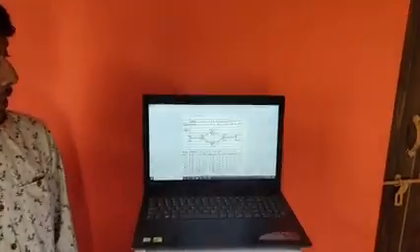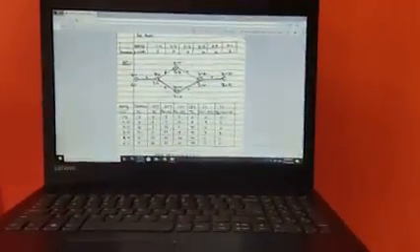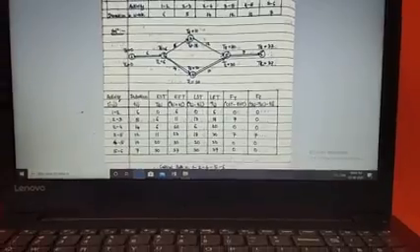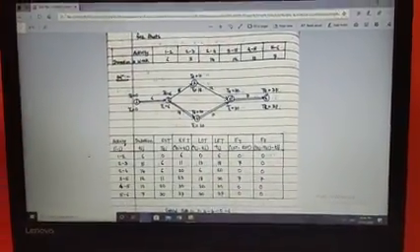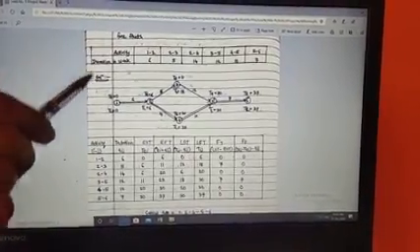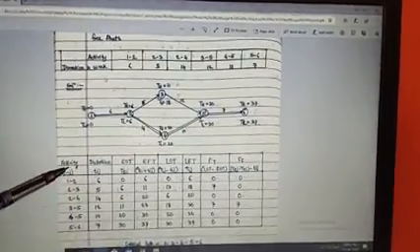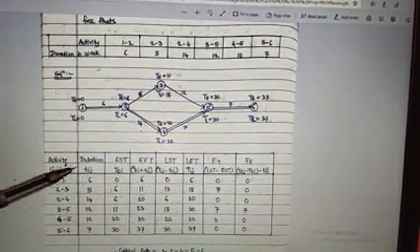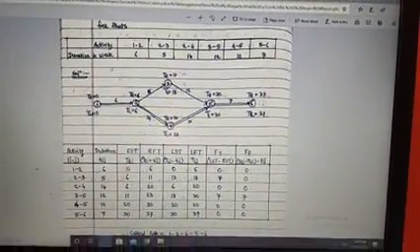Here, as I already said, to calculate the EST, EFT, LST and LFT, first I am going to prepare a table in this fashion, wherein in the first 2 columns I have to write down the given data. The first given data is activity and the second given data is duration in terms of weeks.